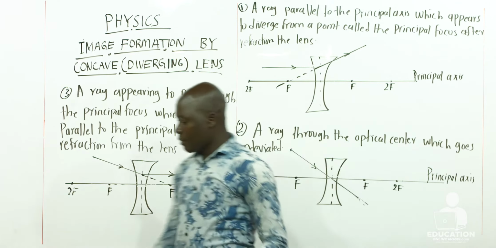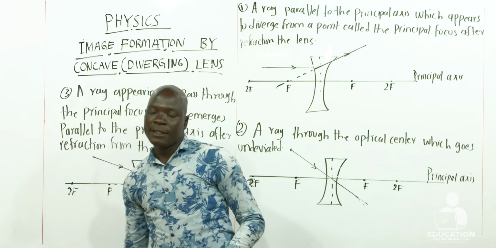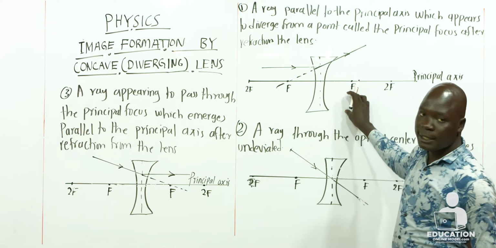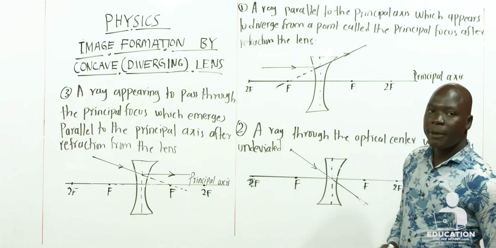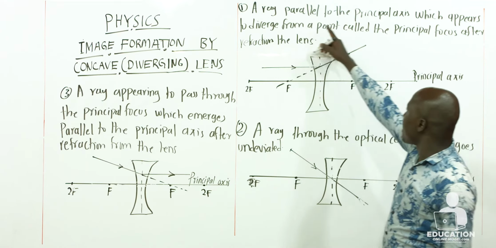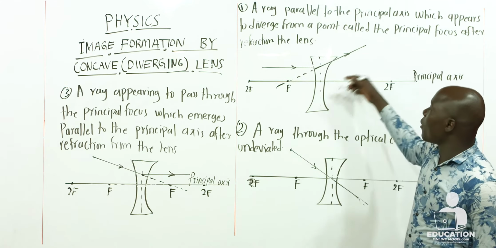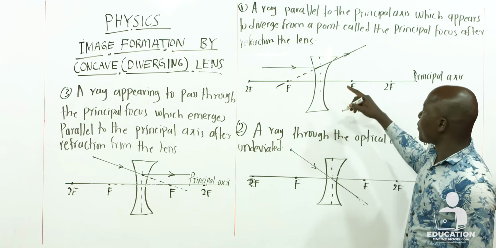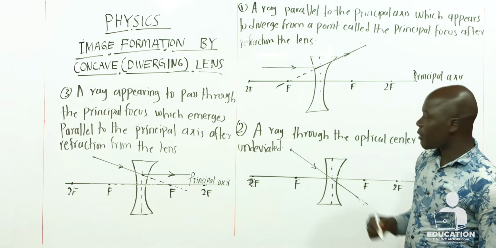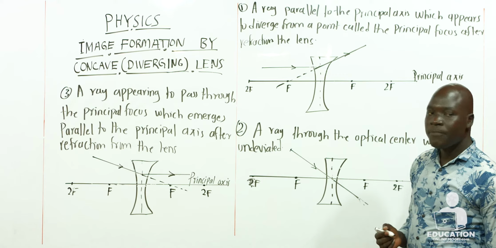So dear learners, these are the three rays that we shall always use when we want to locate the position and state the characteristics of the image formed by a concave lens. The first ray is a ray parallel to the principal axis, which appears to diverge from a point called the principal focus after refraction from the lens.